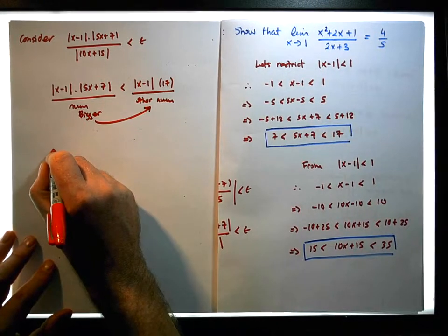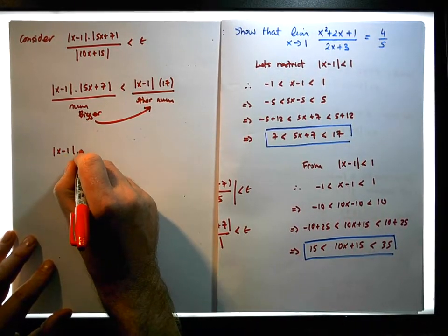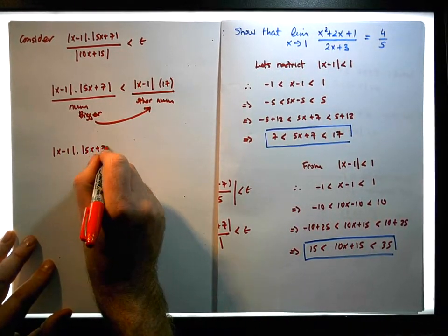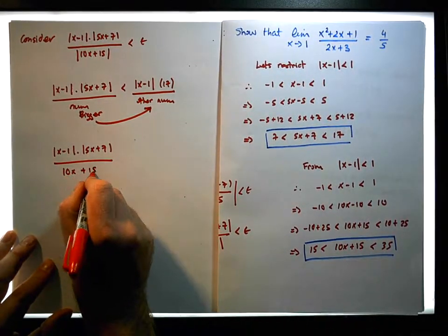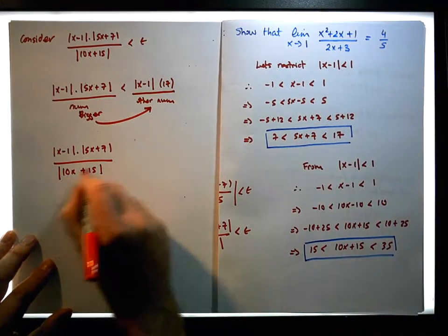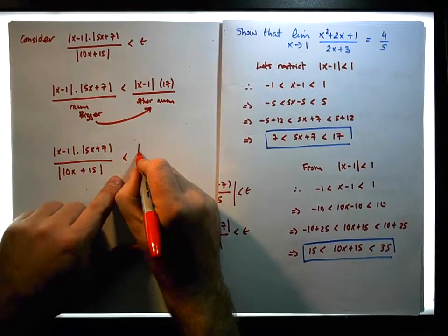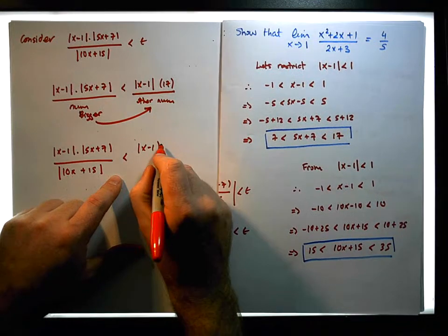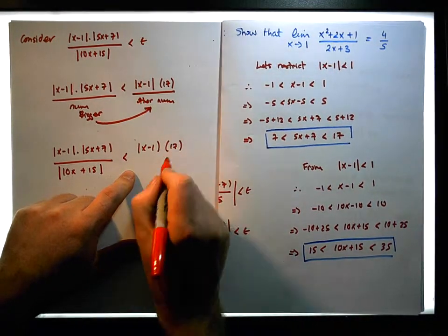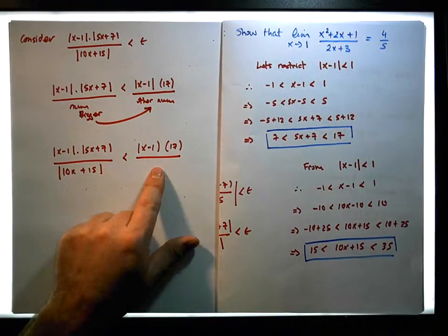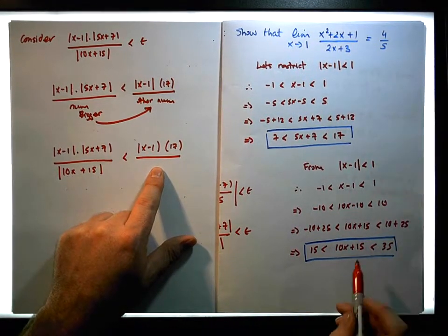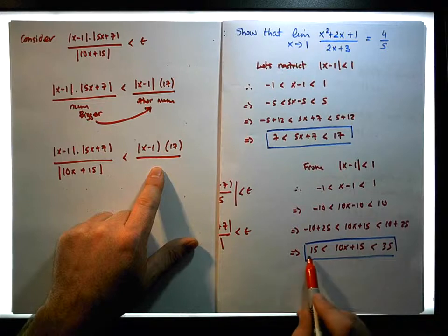So what we have is |x minus 1| times |5x plus 7| all over 10x plus 15. Let's divide it by 10x plus 15. This must be less than |x minus 1| times 17 all over. I need to make sure that this number is bigger than whatever I divided by over here. Now we know that 10x plus 15 is bigger than 15.